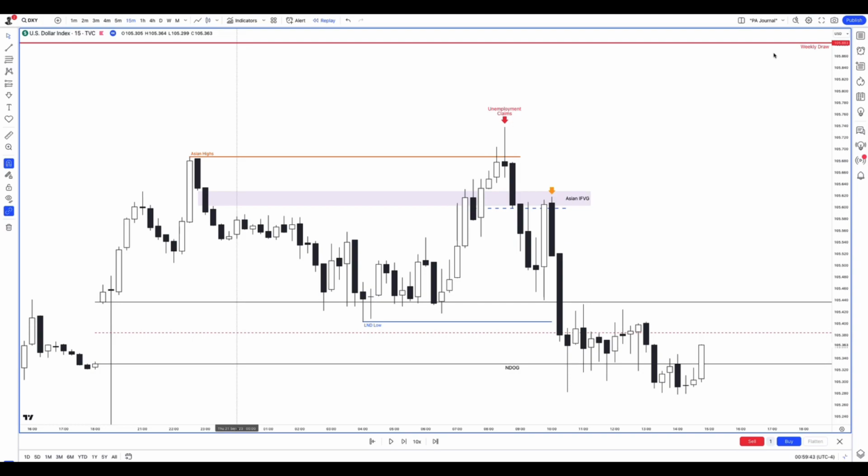So in the grand scheme of things, from a long-term view, it really helps with those drawdown days. So let's get into it.